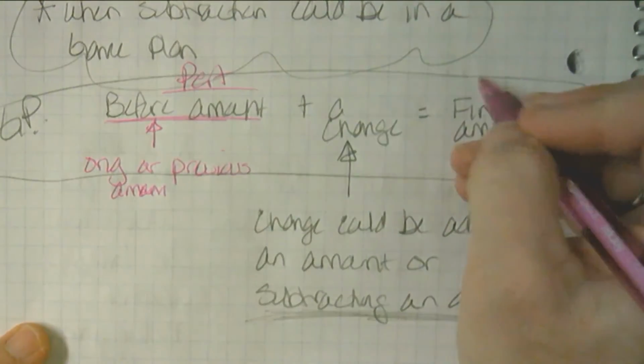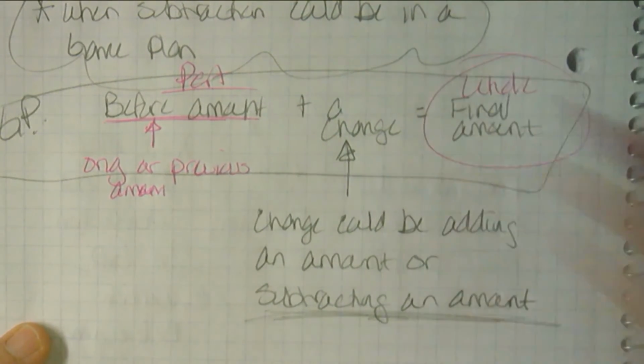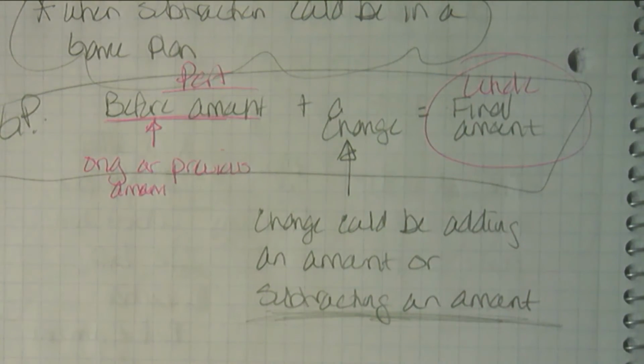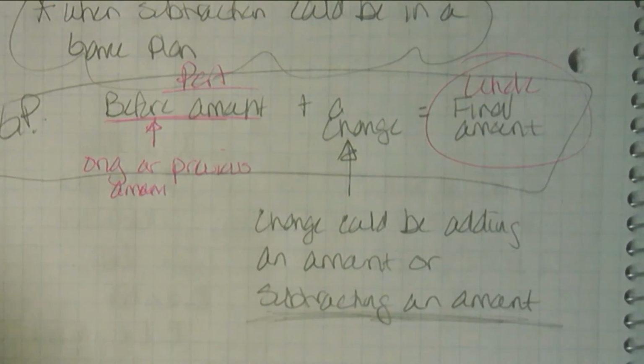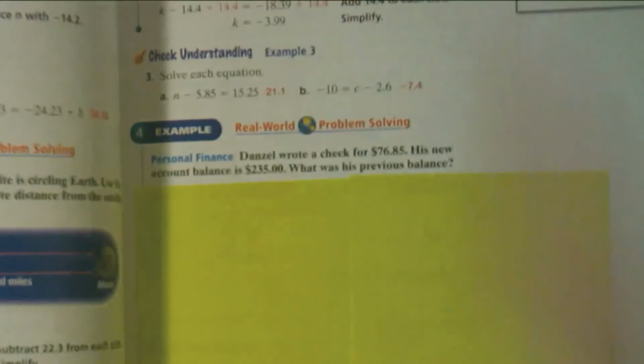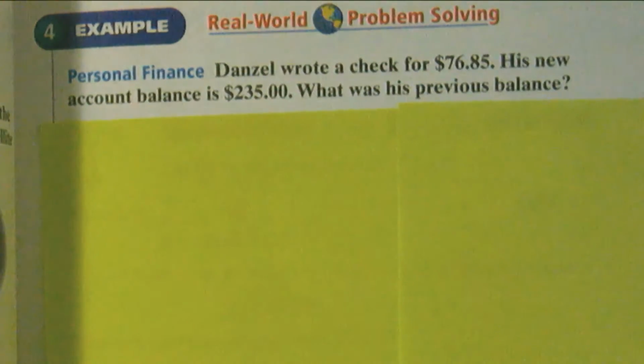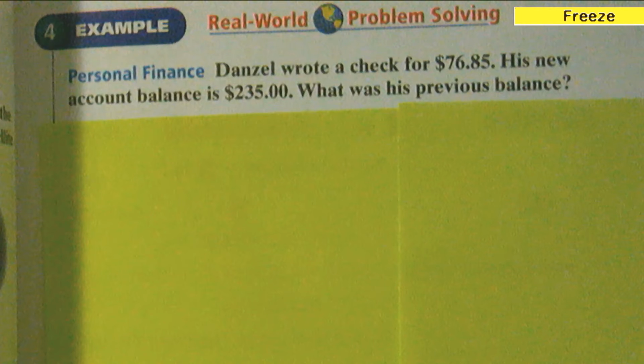And your final is always a whole. So keep that in mind. Your final is always going to be a whole when you're talking about a before and an after, or an original and a final. All right, so let me show you this story problem, and I want you guys to do this. All right, go ahead and do this story problem, please.